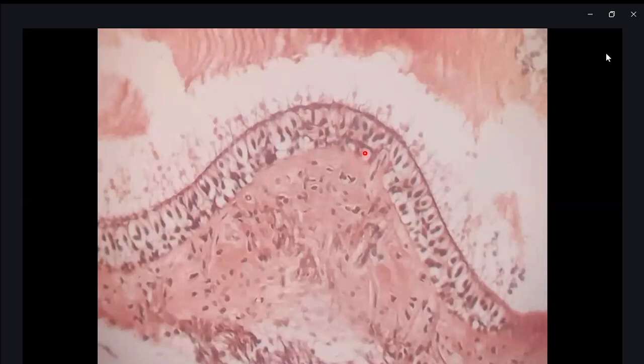This is our crista ampullaris. Notice it's a crest-shaped structure. We have epithelia here, and this epithelia is neuroepithelia with hair cells. These are hair cells with hair and kinocilia. In this area, what is missing here is our cupola, the gelatinous mass.